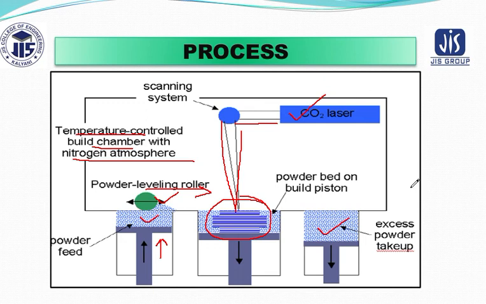I told you a little about this in the previous slide, but with the help of the diagram I am explaining how the product is formed. This is the product that has been generated, and you can see the deposition is layer by layer. So ultimately, through rapid prototyping, the deposition of material occurs through a layer by layer process.